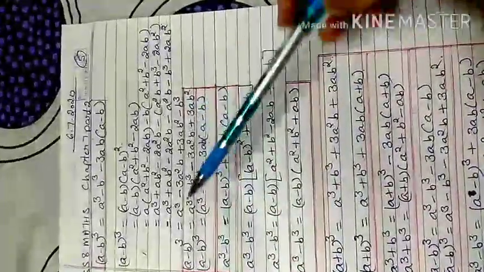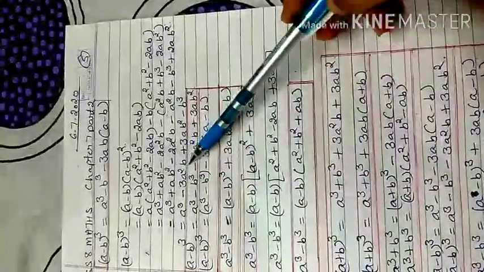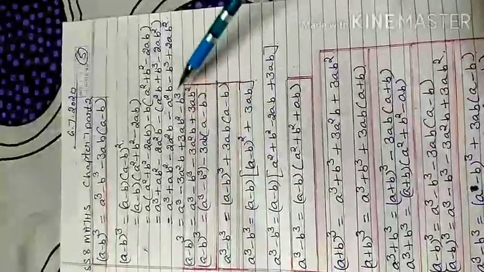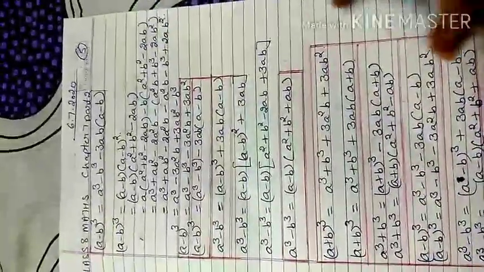When you combine the like terms, a³ - 3a²b + 3ab² - b³ is my required formula.